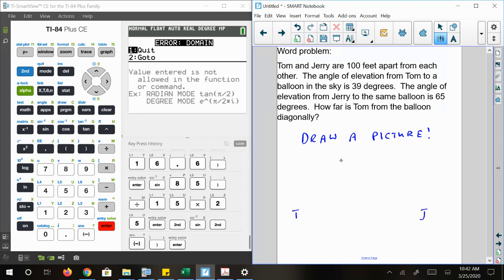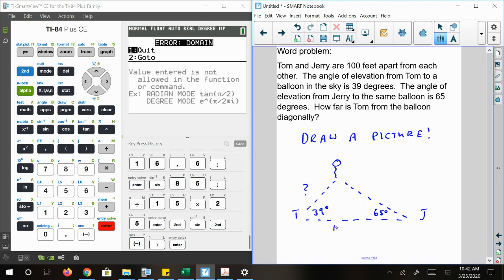The angle of elevation from Tom to the balloon is 39 degrees. The angle of elevation from Jerry to the balloon is 65 degrees. It wants to know how far is Tom from the balloon diagonally, and we already know that they are 100 feet from each other.